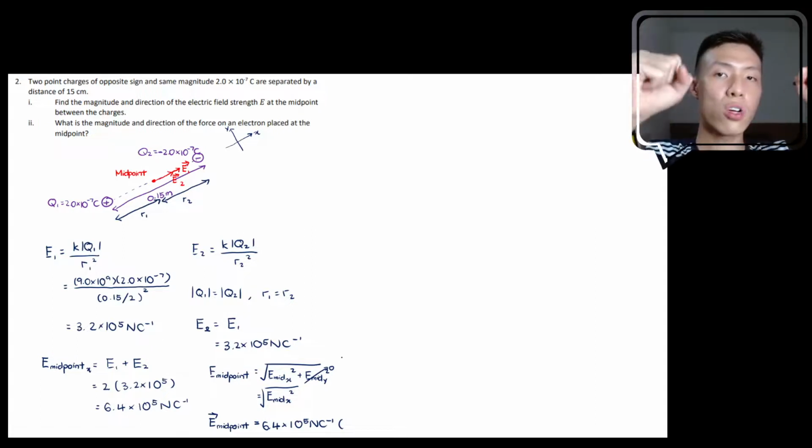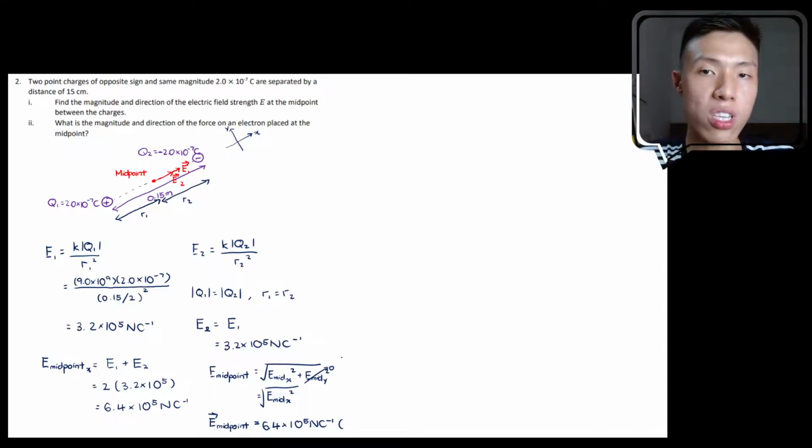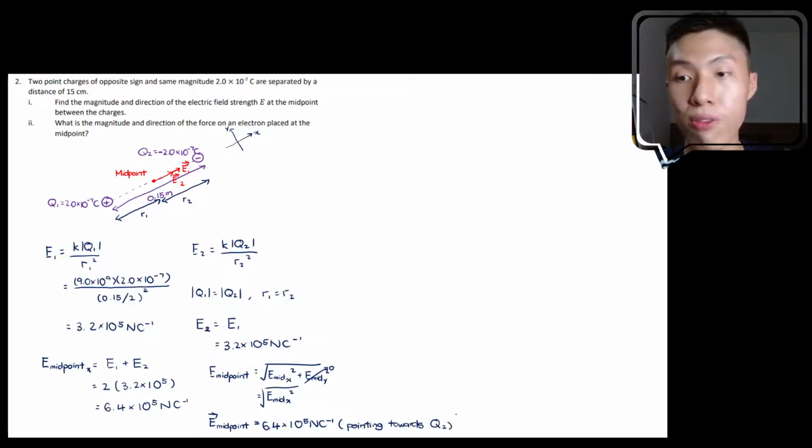You know that if you arrange Q1 and Q2 like this, the electric field is still pointing towards Q2. If you switch it like this, it will still point towards Q2. So the most general accurate statement to describe the direction is pointing towards Q2, or pointing directly away from Q1.